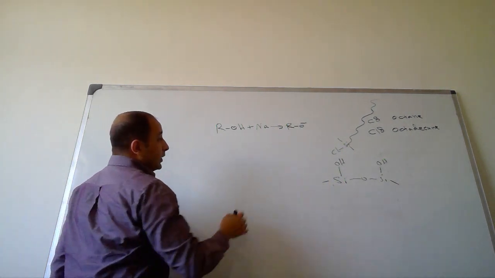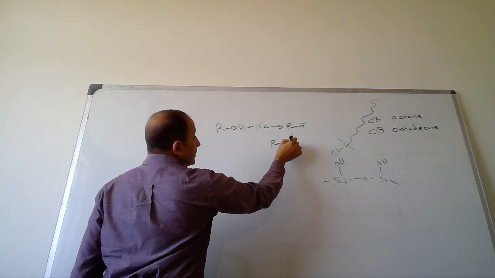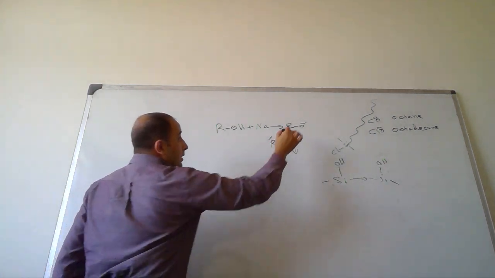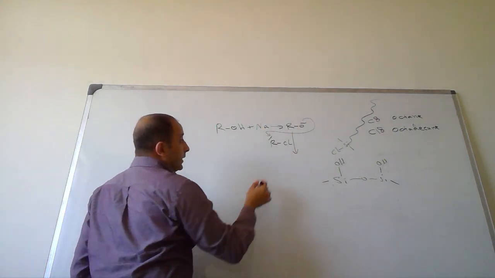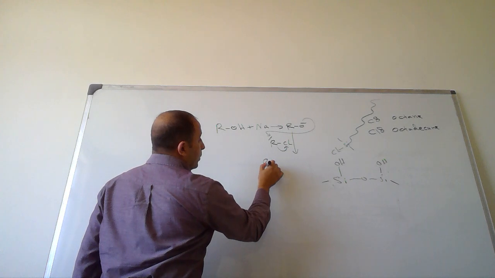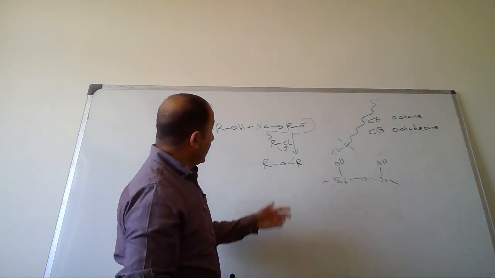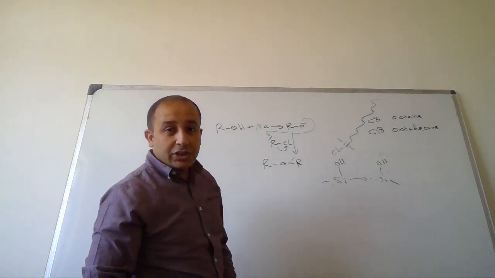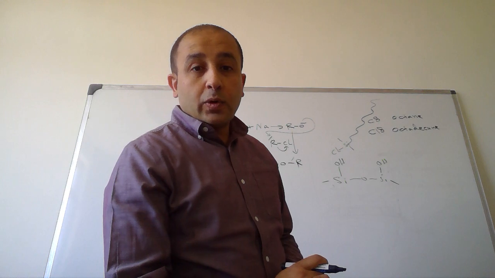Now if you react the alkoxide with alkyl halide, the nucleophilic attack will be here, and the chlorine will be removed. So you end up with ether. That's why we call this kind of reaction Williamson reaction, to synthesize ether compounds.